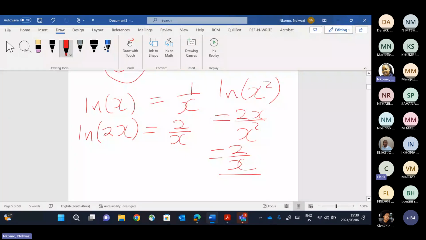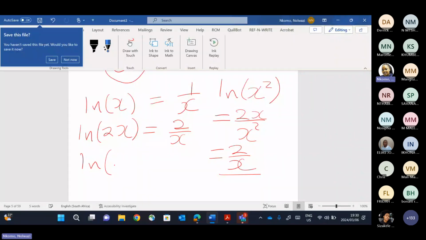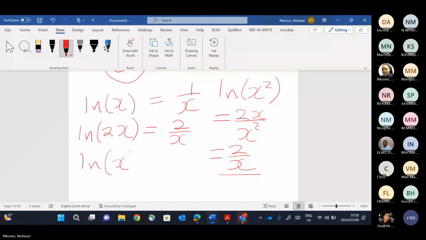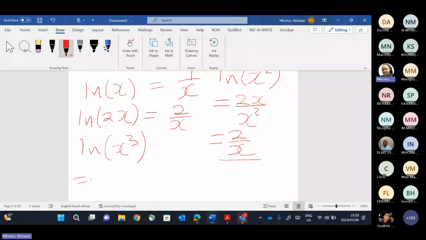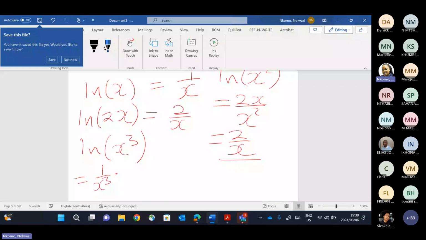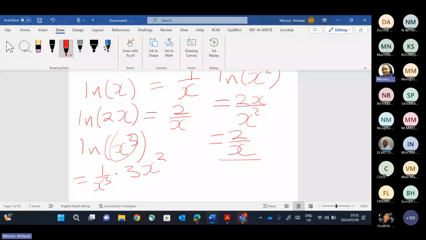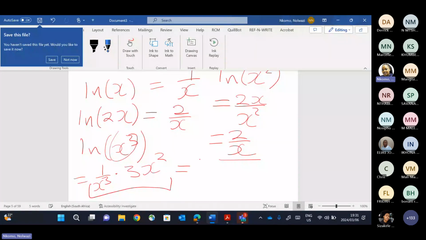Like if you're differentiating ln x cubed, then you'll say 1/x cubed times the derivative of this. The derivative of this is 3x squared. Then if you simplify, you'll have 3/x. So you see, these functions are different. That's why I said I will give you the simple one, but we continue. It ends there. Once it has a constant or it's a function, then it's something else.